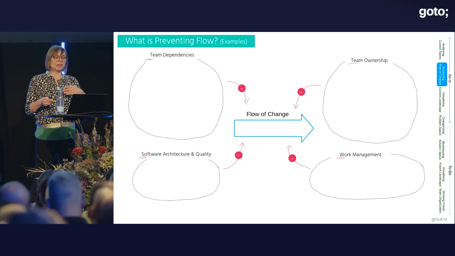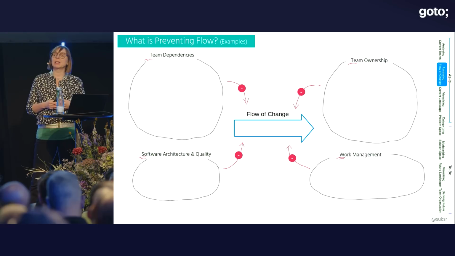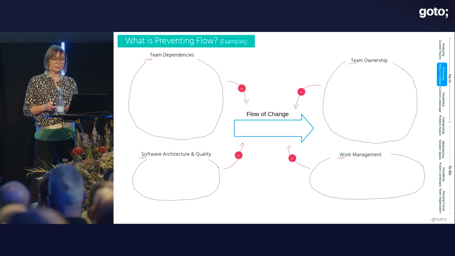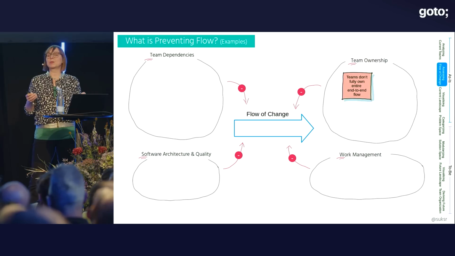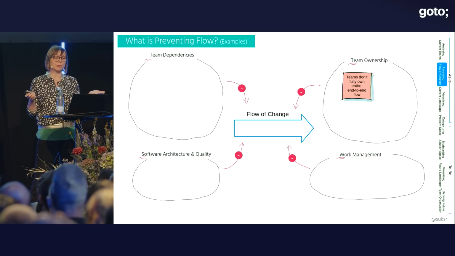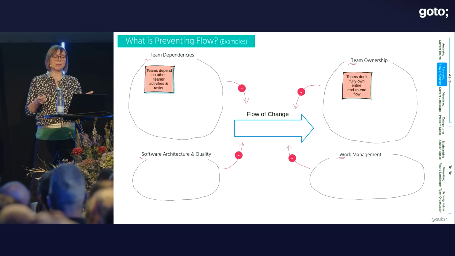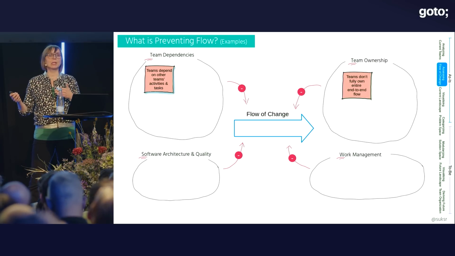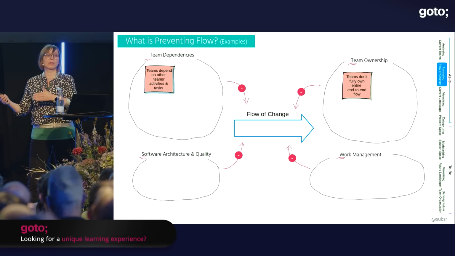Analyzing those blockers to flow can be done from various perspectives. If the teams do not fully own the entire end-to-end flow from designing, building, testing, releasing, and running the parts of the system they are responsible for, then those teams depend on other teams' activities and tasks to get their own work done, and need to repeatedly hand over work to other teams at an earlier or later stage of flow.